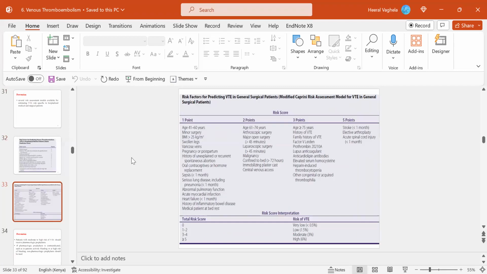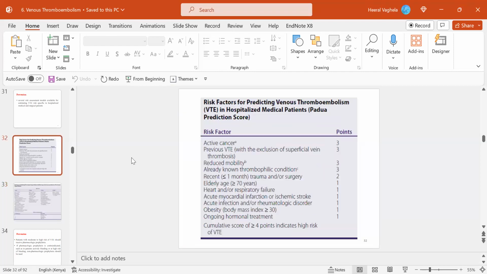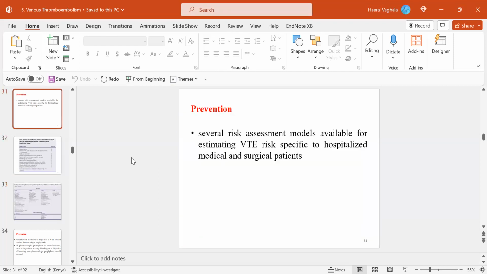Yeah, so pulmonary embolism or DVT is usually common in hospitalized patients or patients that have undergone any surgery. So prophylaxis with medications or ambulation would be used to prevent any clot formation.